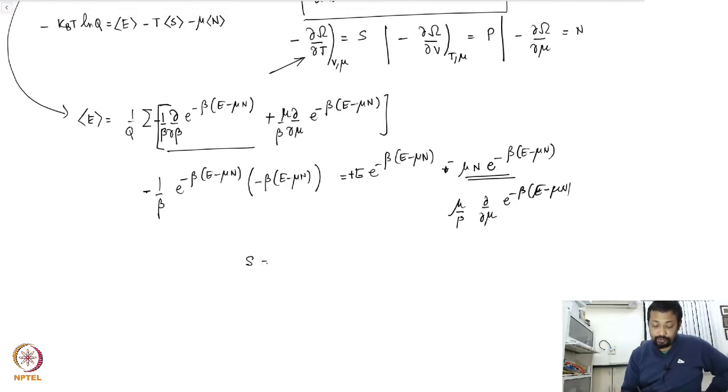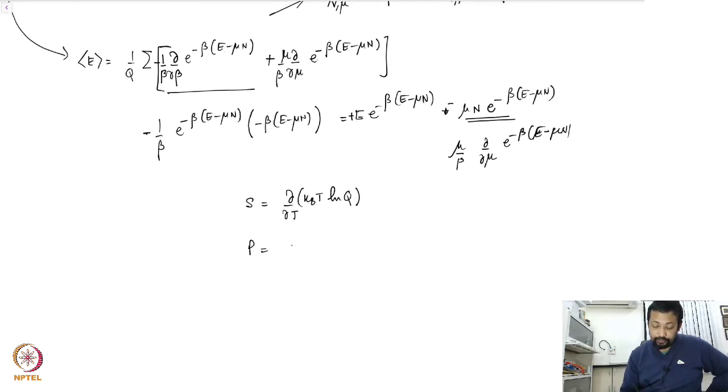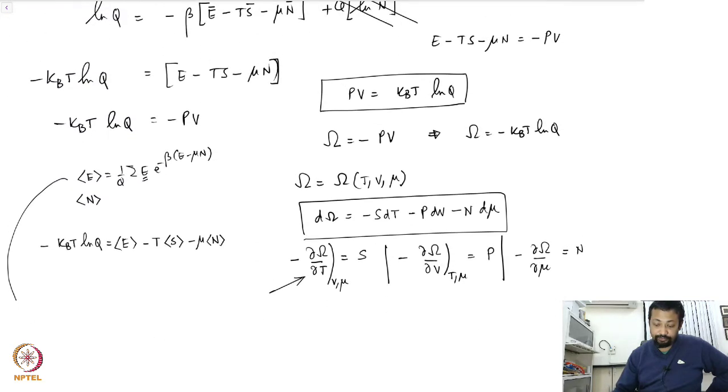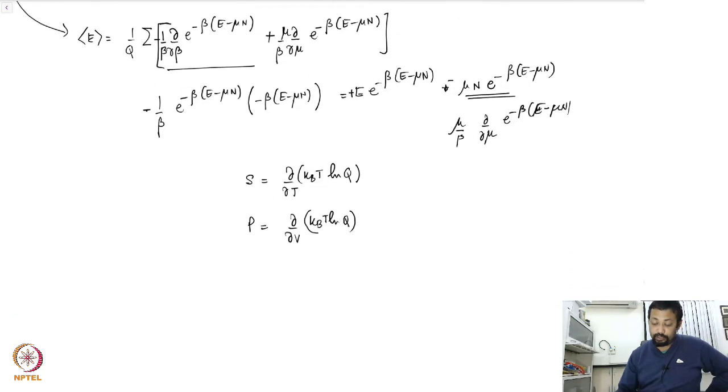So straightforward, S is going to be del del T of kBT ln q. Pressure is going to be del del V of kBT ln q, which is very straightforward to validate over here, because del del V of the left hand side gives you pressure, and the right hand side gives you kBT ln q, equal to the thermodynamic pressure.